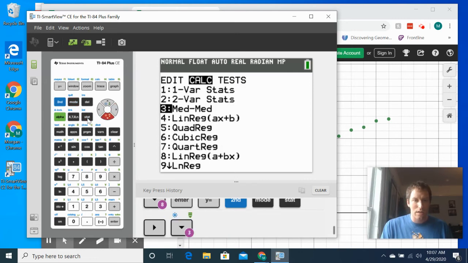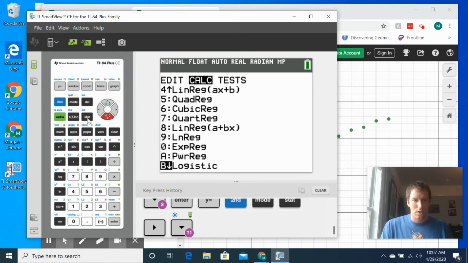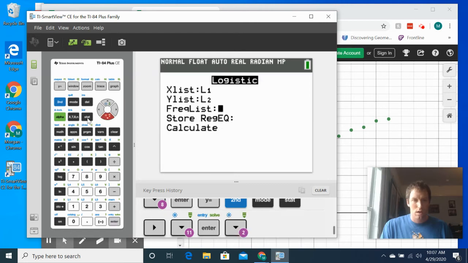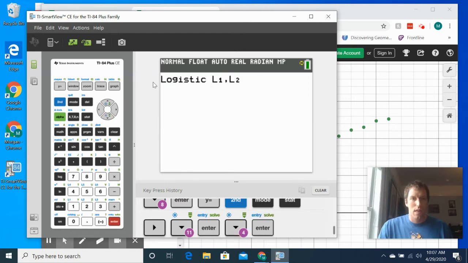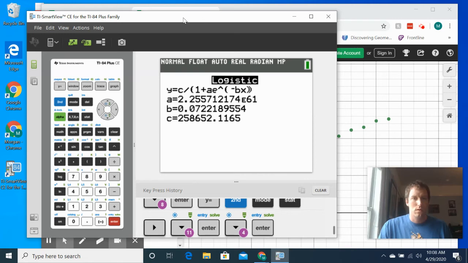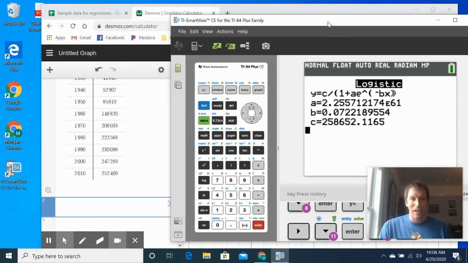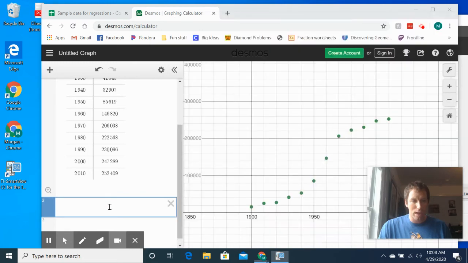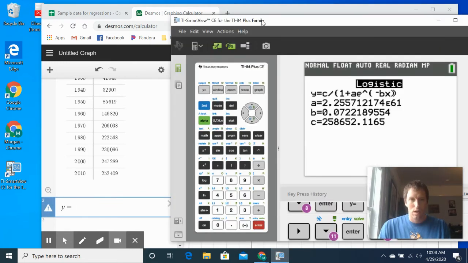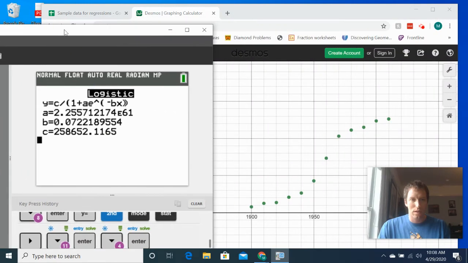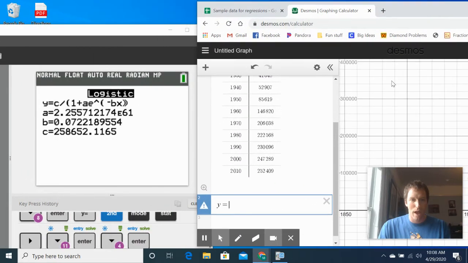Stat, calculate, logistic regression, calculate. All right, so now I'm going to copy this equation into Desmos. Here's the format, y equals. Adjust this around so I can see both screens at once and I don't have to keep going back and forth.